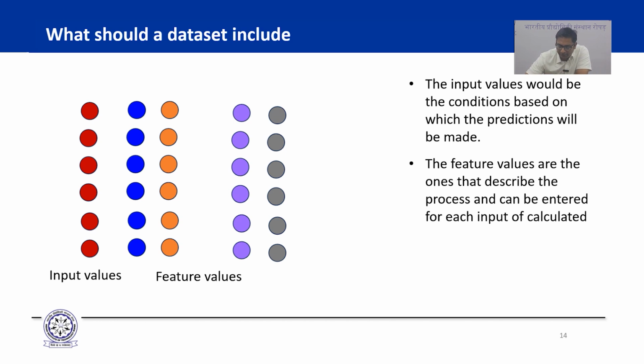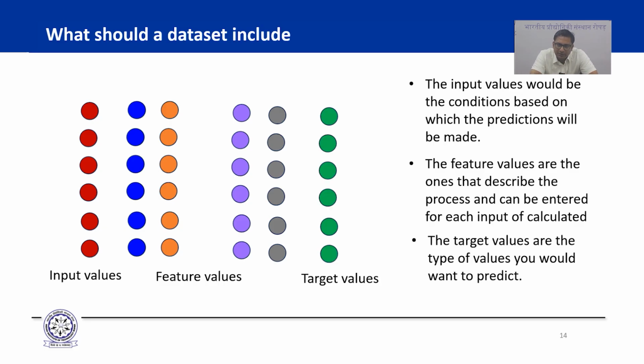So you can have features which you input, but you will find that in a lot of cases, we will be using feature values which are actually computed in the database. Once you have your input and your way of featurizing the problem by including the features, the final set of data that will be present are the target values.